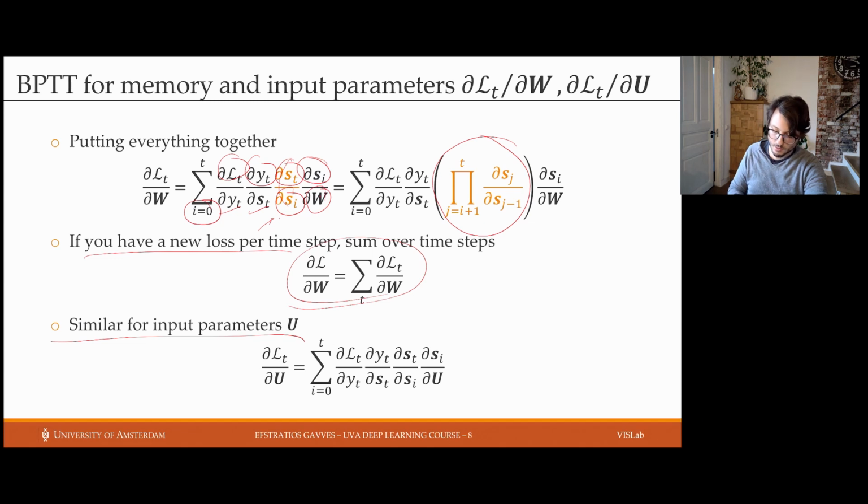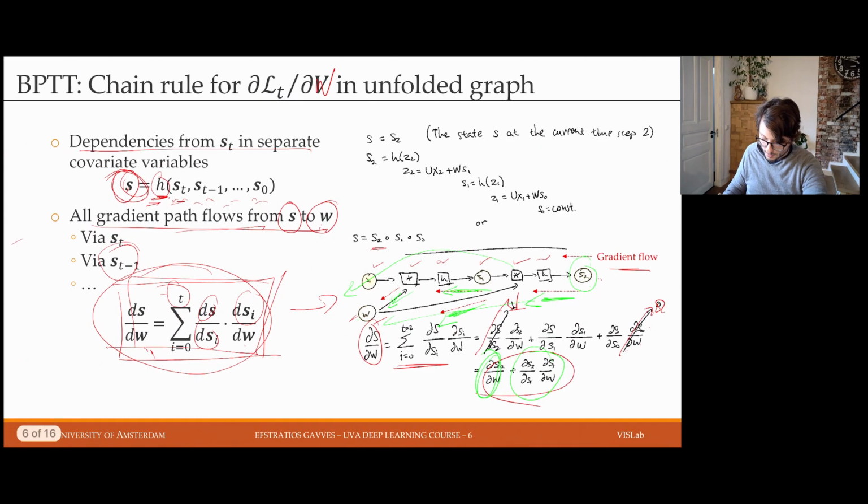Now, these equations look a bit daunting. However, you can think of it as follows. The extra complications that we have in the RNN are because of these terms here: the extra terms from the past connecting the current state with our parameters W. So these are the indirect paths that yield extra gradients.